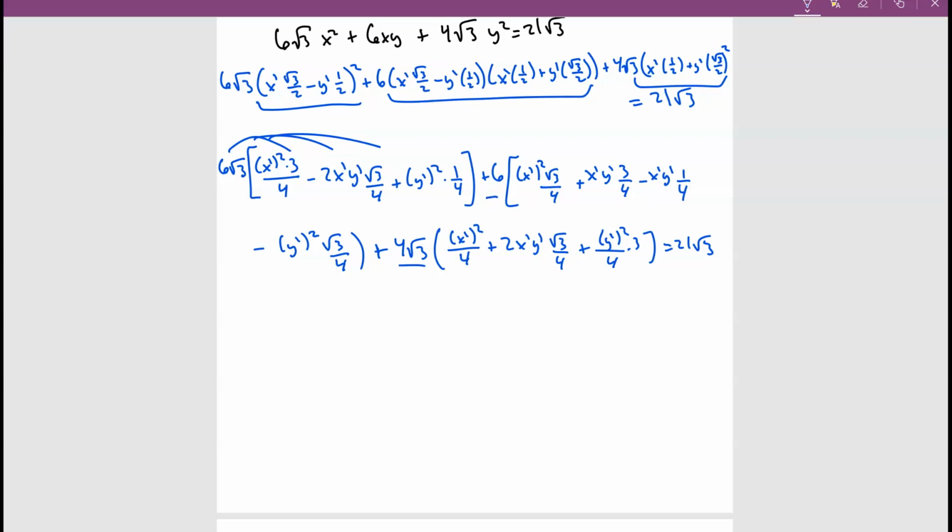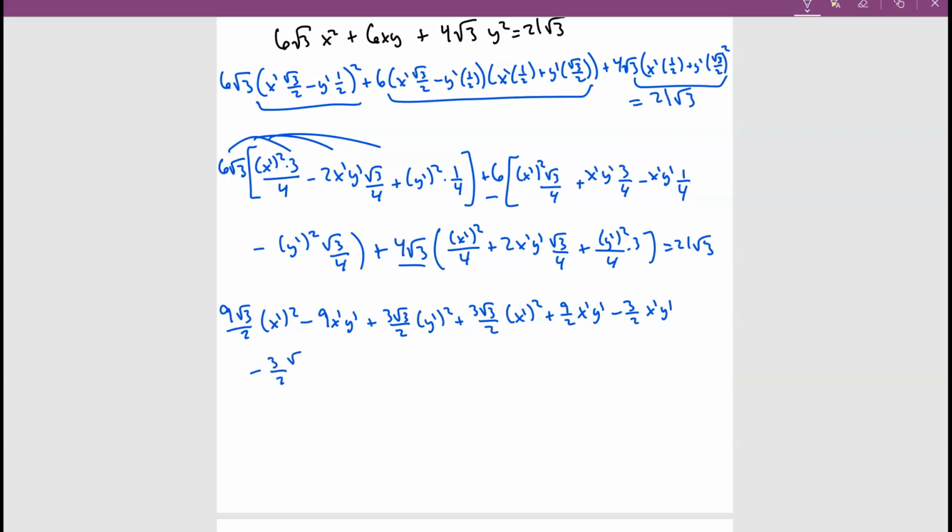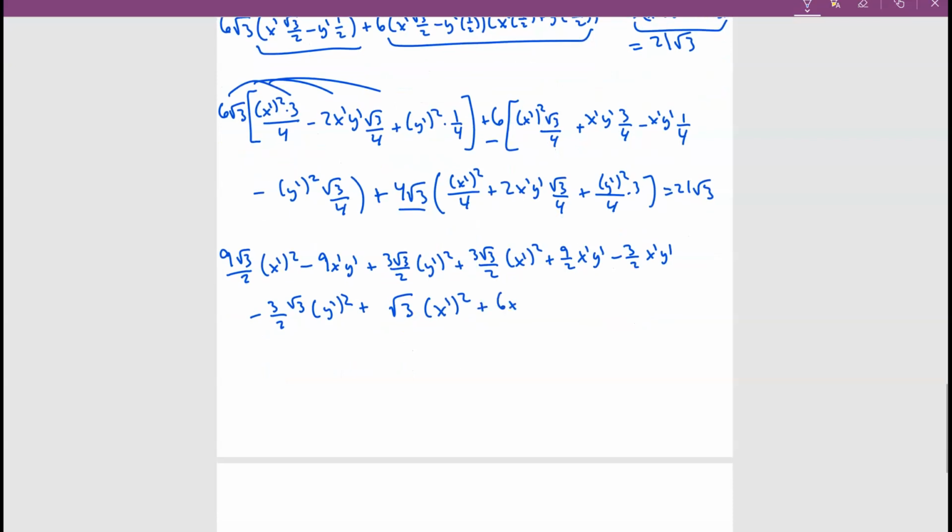It's going to be a big mess. 9 square root of 3 over 2 x prime squared minus 9 x prime y prime plus 3 square root of 3 over 2 y prime squared plus 3 square root of 3 over 2 x prime whole quantity squared plus 9/2 x prime y prime minus 3/2 x prime y prime minus 3 over 2 square root of 3 y prime squared plus square root of 3 x prime squared plus 6 x prime y prime plus 3 square root of 3 y prime squared equals 21 square root of 3.